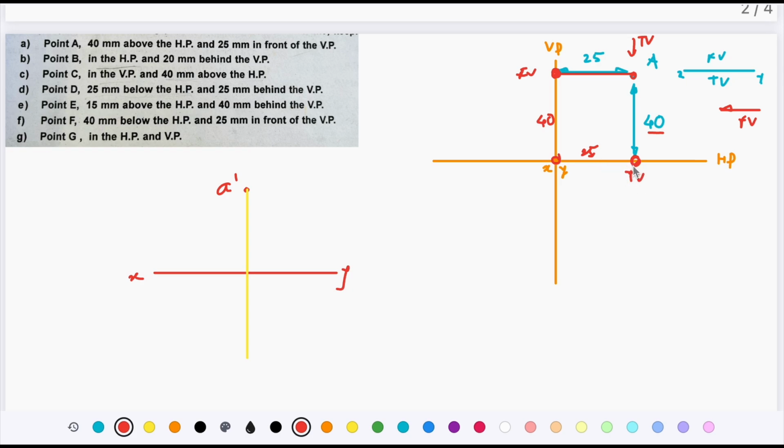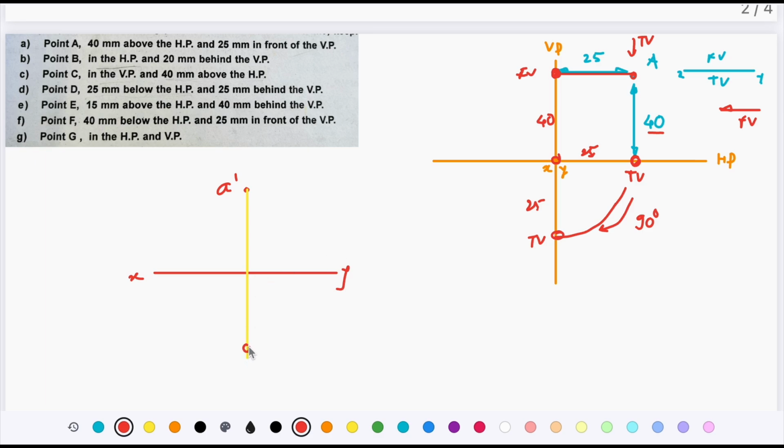Now as it is appearing on horizontal plane, I need to rotate it in clockwise direction by 90 degree. So the point that was appearing at a distance of 25 in front of XY will actually be projected at 25 mm below XY.